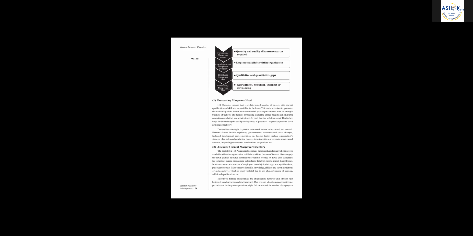It tries to capture the number of employees in each job, their age, sex, qualification, past experience, etc. It also captures the skills, knowledge, abilities, and career aspirations of each employee, which is timely updated for any change because of training, additional qualification, etc.